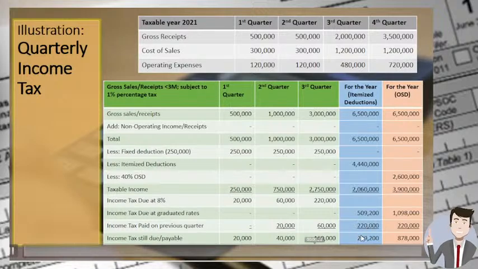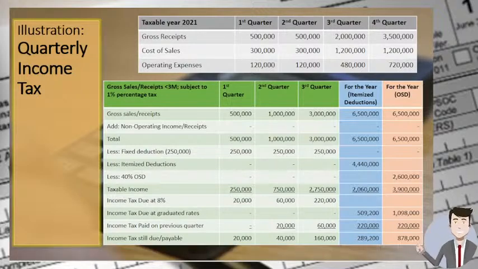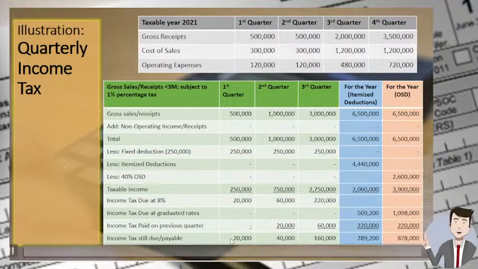Common sense will tell you that you will deduct that amount. Pero i-declare mo pa rin sa income tax return mo. So you will pay only 289,000.